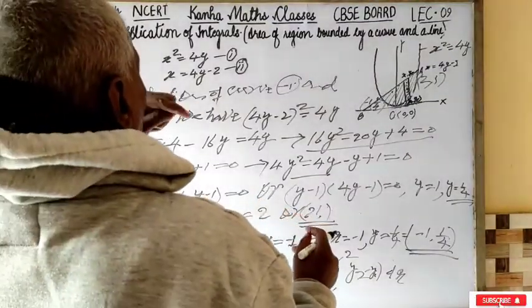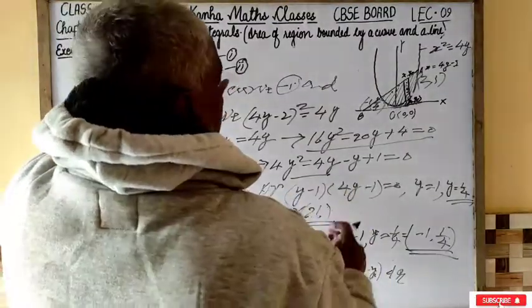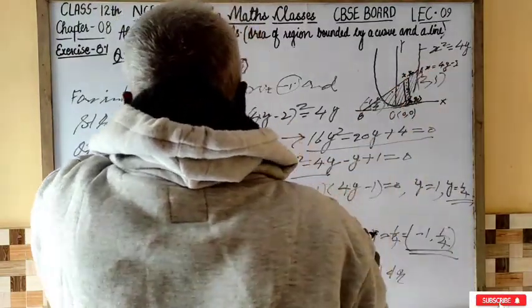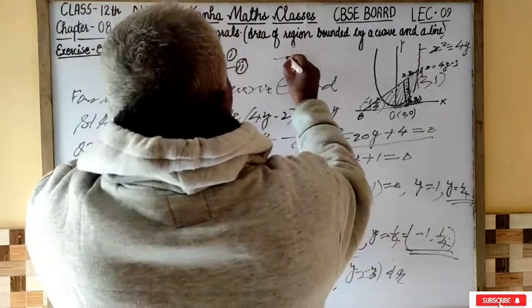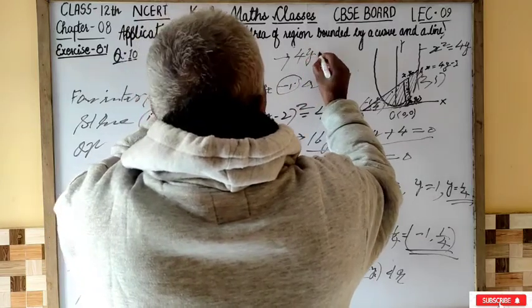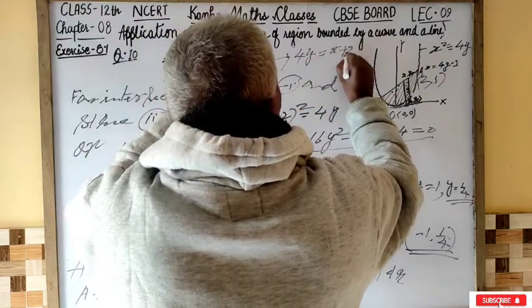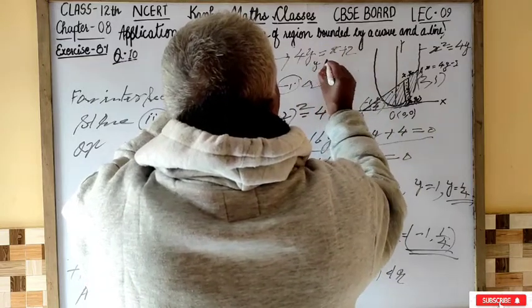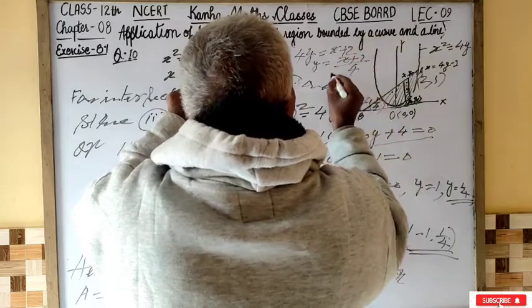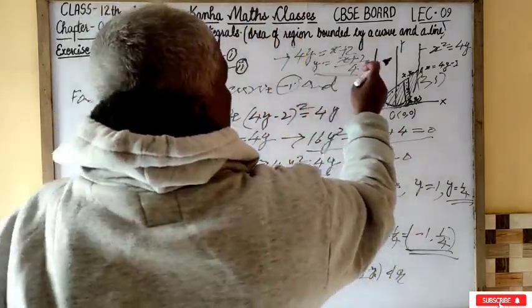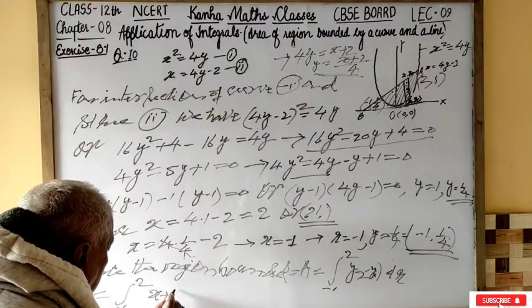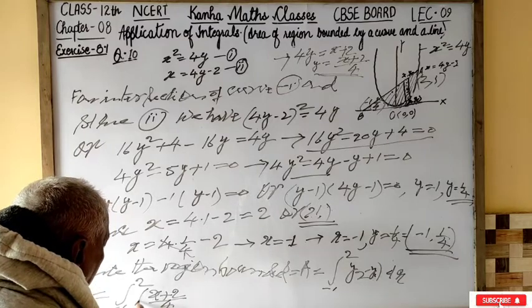y2 means the point on the straight line OA, where 4y is equal to x plus 2. Now y means (x plus 2) upon 4, hence y2 is (x plus 2) by 4.